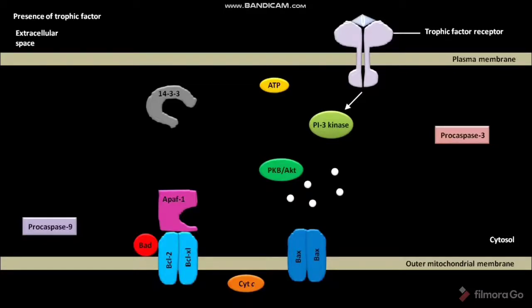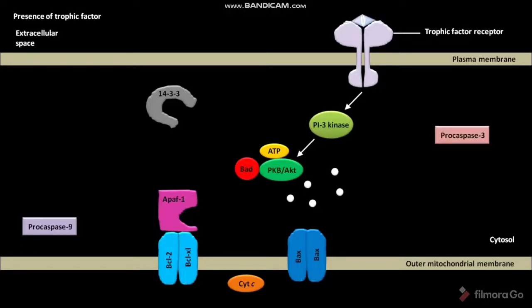The PI3 kinase activity leads to the downstream activation of protein kinase B or PKB or AKT. This PKB or AKT then binds to the ATP. BAD then dissociates from BCL2 and BCL-XL proteins and binds to the PKB or AKT.